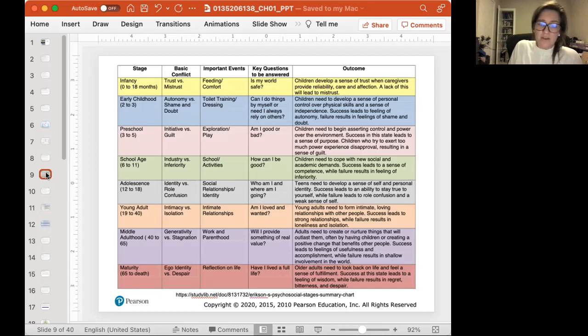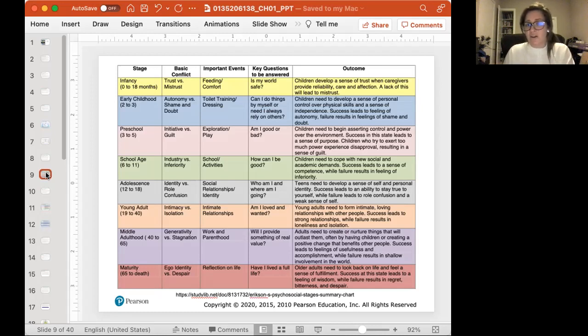Okay, so preschool stage, 3 to 5, initiative versus guilt. So am I capable of starting things myself? Can I have success? Can I initiate things? Or do I develop guilt about being ineffective or having perhaps no self-efficacy, right? I can't do stuff, right? And I have insecurity about that.